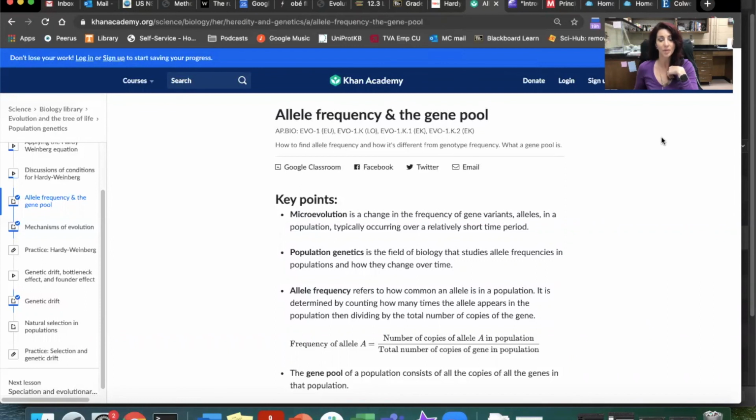Part of your pre-lab this week is going to be going through the Khan Academy activities, starting from allele frequency and the gene pool, all the way through practicing selection and genetic drift. Our activity in class is going to be putting Hardy Weinberg equilibrium in practice and tracking the change in frequency of different alleles. So be ready to come to class knowing how to calculate Hardy Weinberg and what allele frequencies mean.